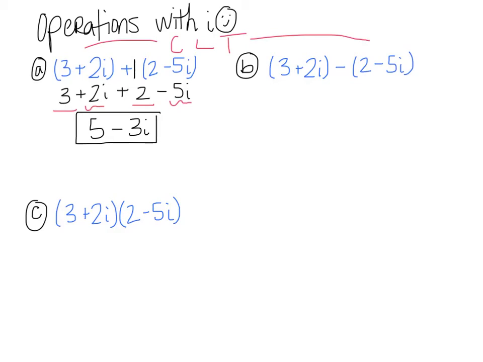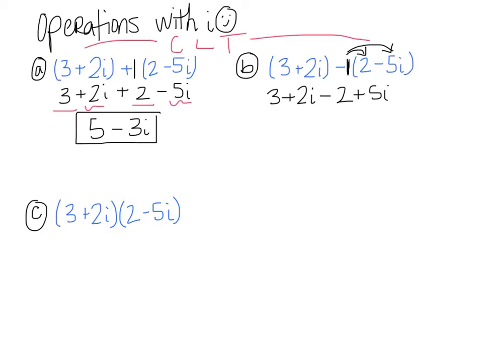Okay, let's take what we learned from example A and try it in example B. So I have 3 plus 2i, and this time I have a negative 1 that's going to distribute through. Take a look at what that's going to do to this last expression. This will be negative 1 times positive 2, making this a minus 2. And this will be a negative 1 times a negative 5i, making it a positive 5i.